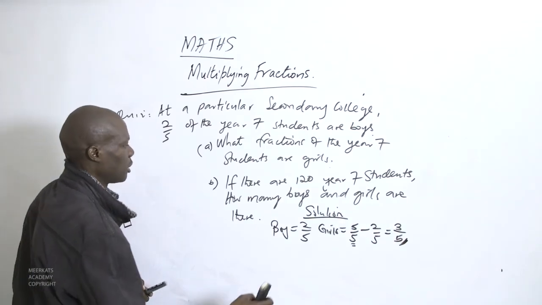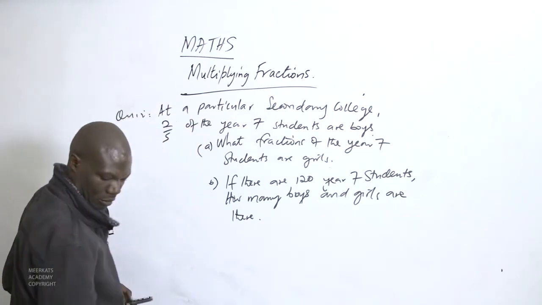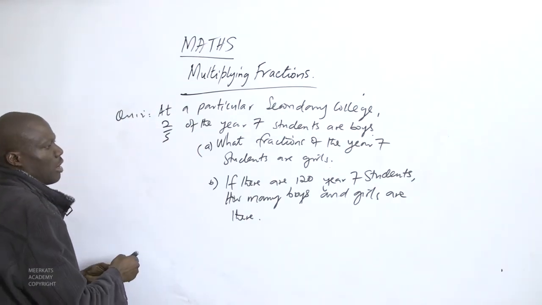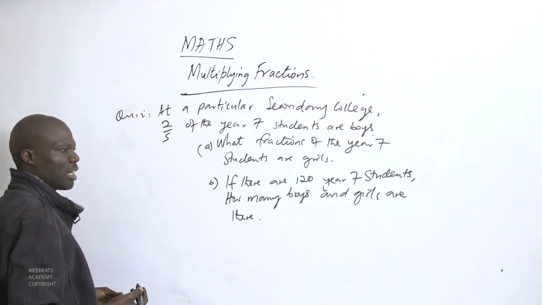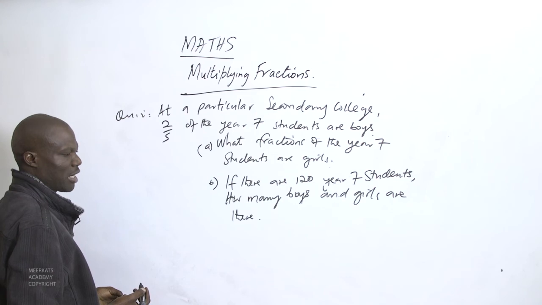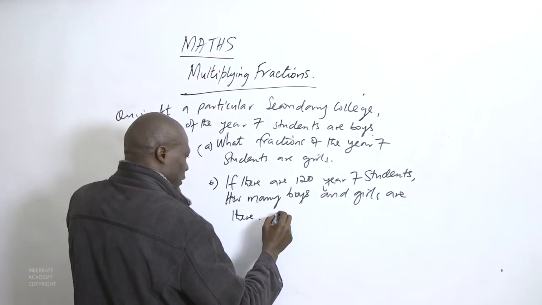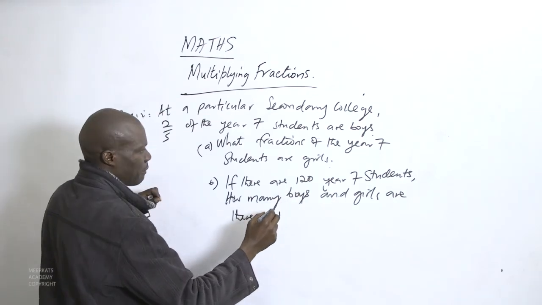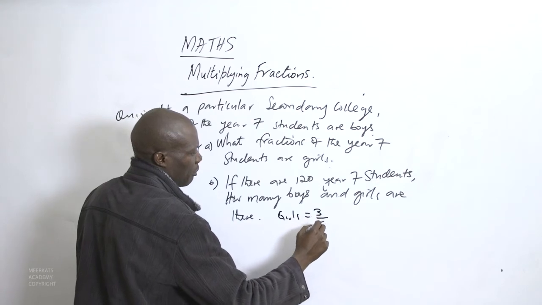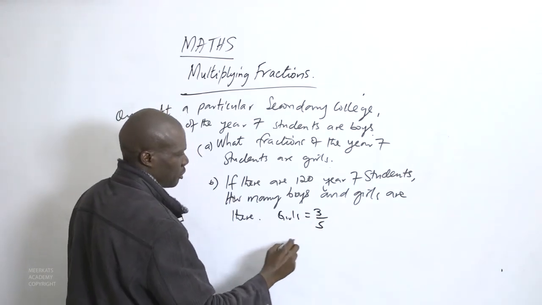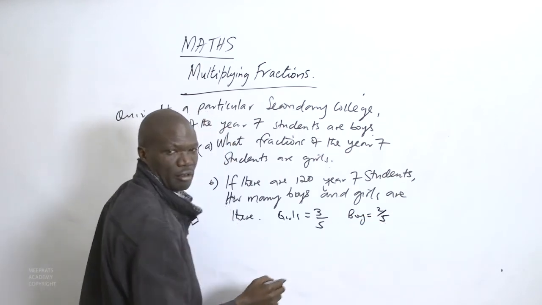The second part of the question says, if there are 120 year 7 students, how many boys and how many girls are there? Simple. For girls, we have 3 over 5, and for boys, we have 2 over 5.